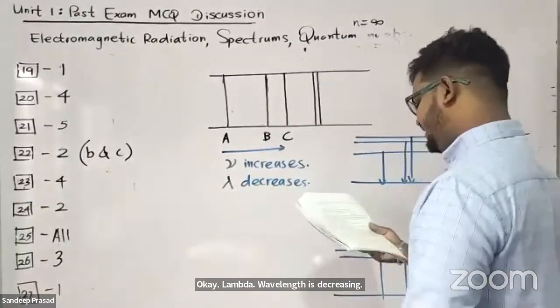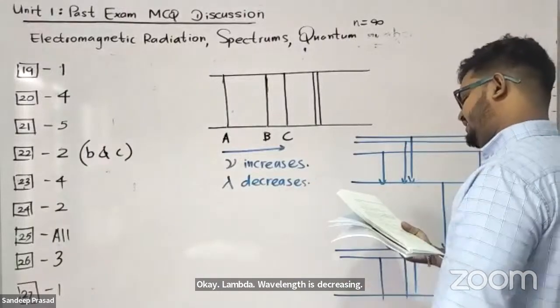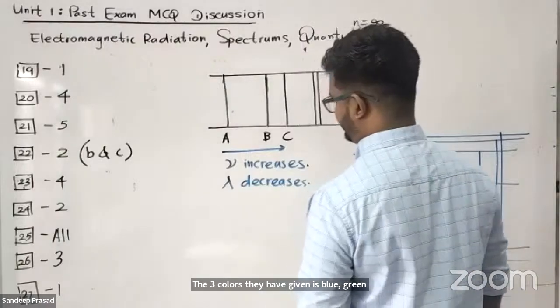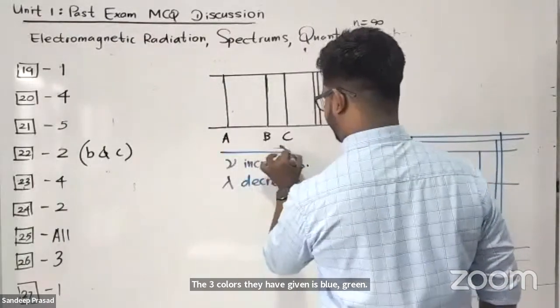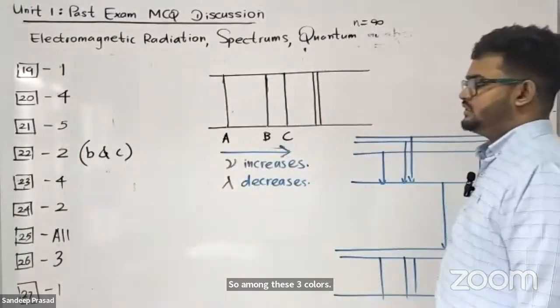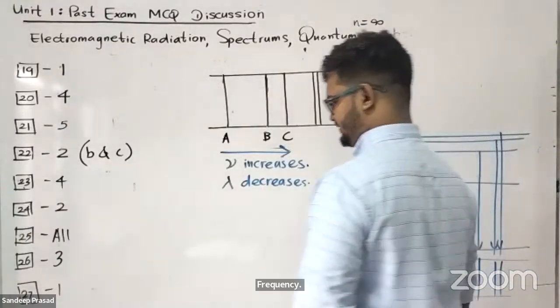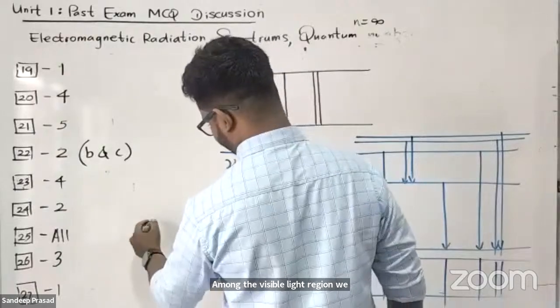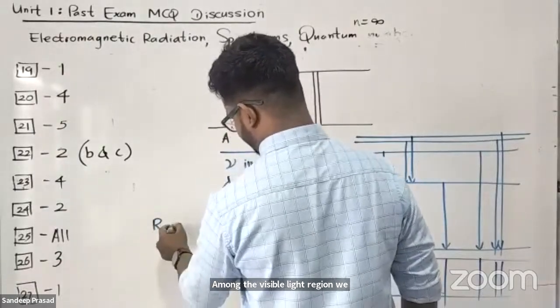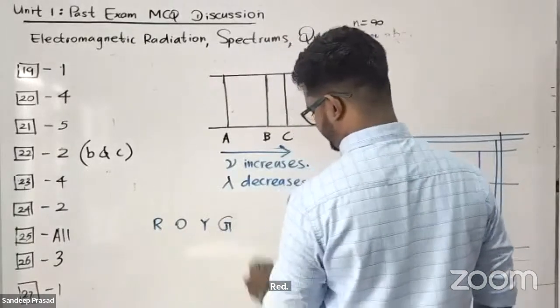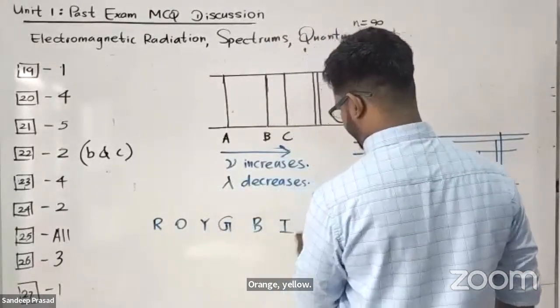Then what are the colors they have given? The three colors they have given are blue, green, red. So among these three colors, which one has the greatest frequency? Among the visible light region, we know that the colors are red, orange, yellow, green, blue, indigo, violet.